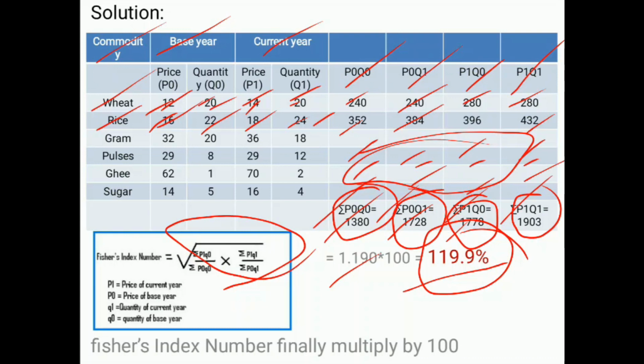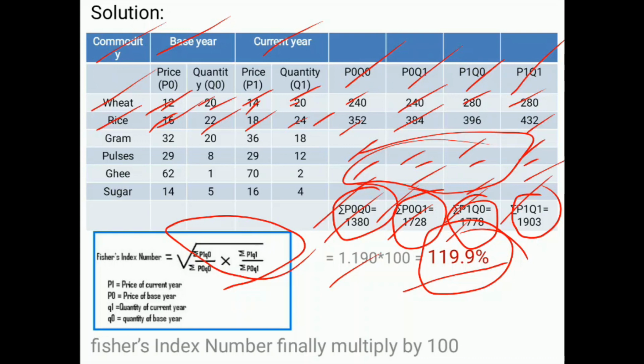If I'm comparing 2010 with 2009, the current price is 119.9 and the base year's price is 100. So that is the variation from 100, it has increased to 119.9 percentage. So basically it is a 19.9 percentage increase in the price value of a certain commodity.